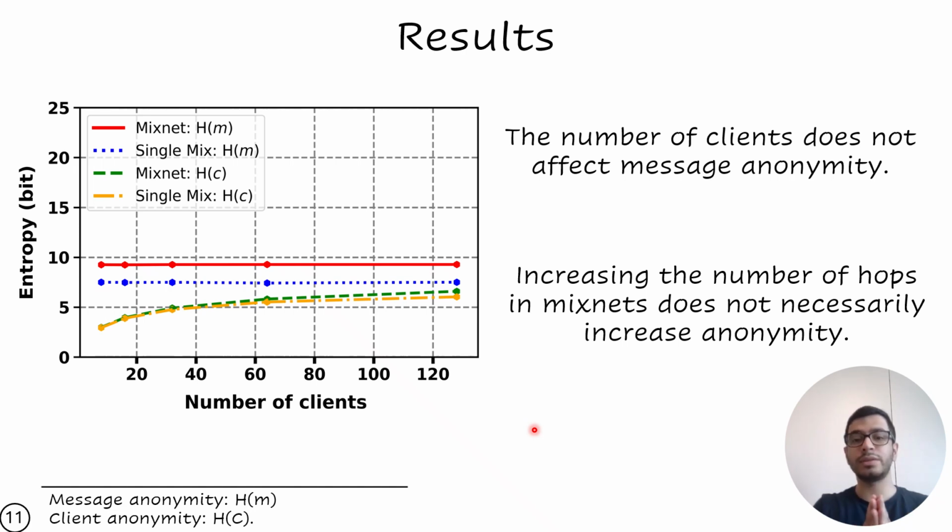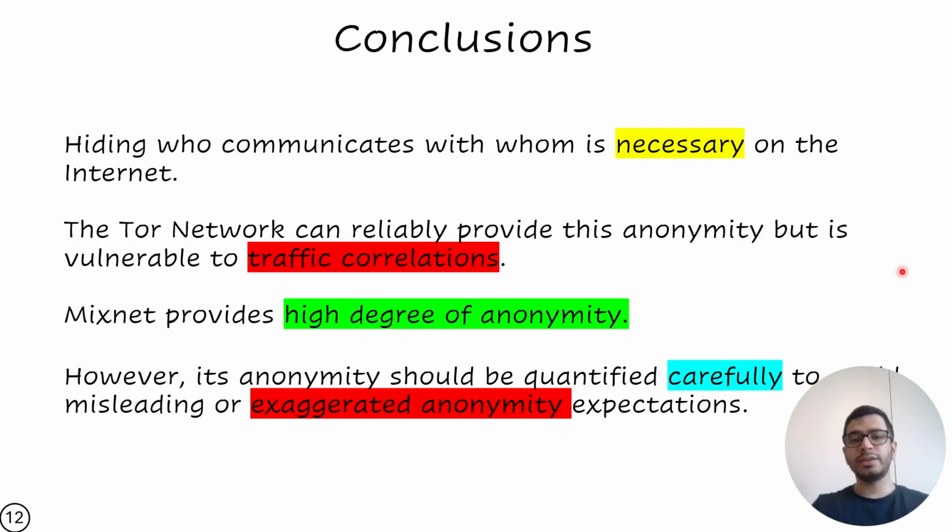So that brings us to the conclusion that unfortunately message anonymity might provide some exaggerated or misleading results that are not real and can be very detrimental once one wants to use message anonymity to tune mixed network parameters.